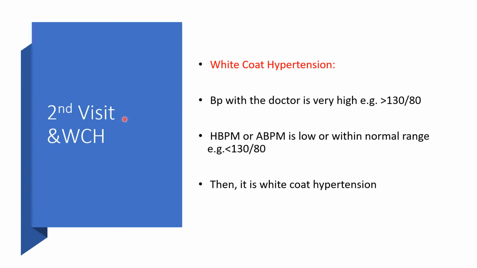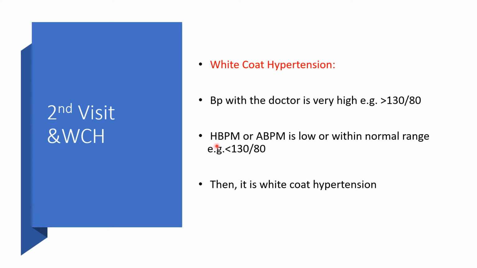Now, in the second visit, we'll be concerned about white coat hypertension if the first time we measure the blood pressure is pretty high, like BP is high while at the clinic with the doctor, greater than 130/80.